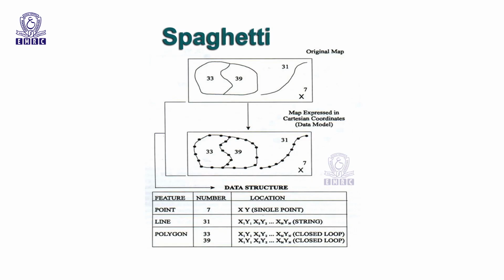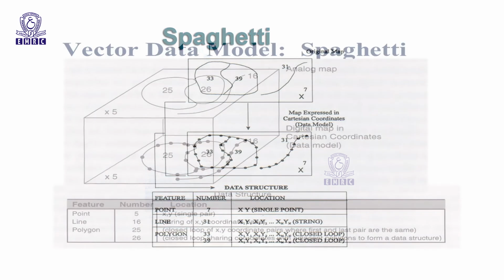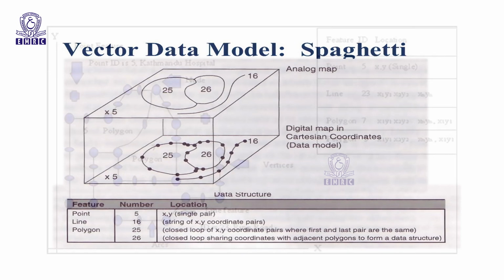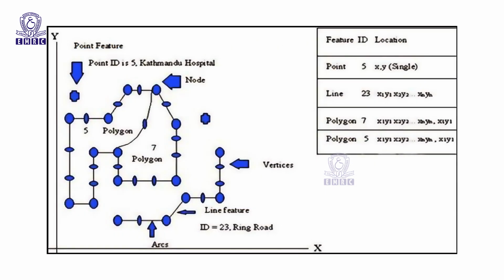It is notable that in this model, any polygons that lie adjacent to each other must be made up of their own lines or strands of spaghetti. In other words, each polygon must be uniquely defined by its own set of x and y coordinate pairs, even if the adjacent polygons share the exact same boundary information.